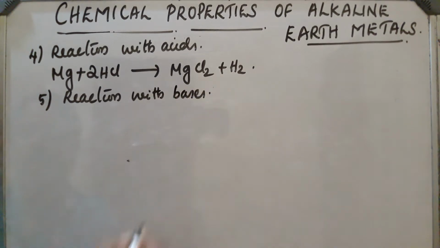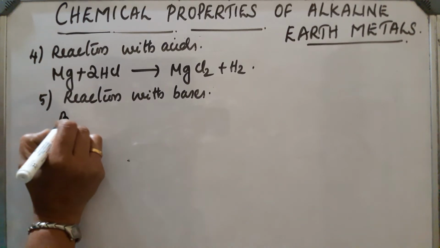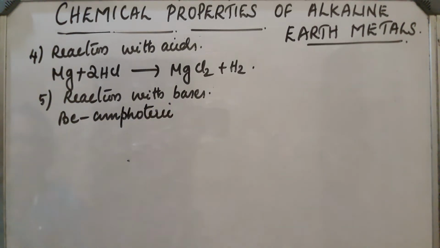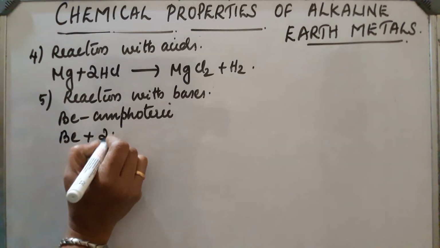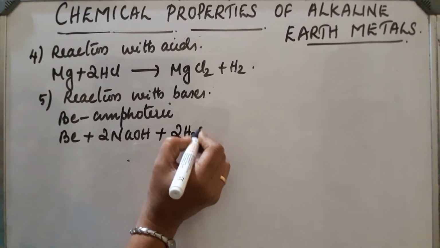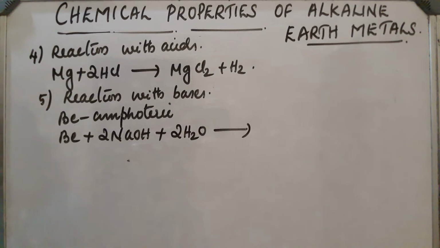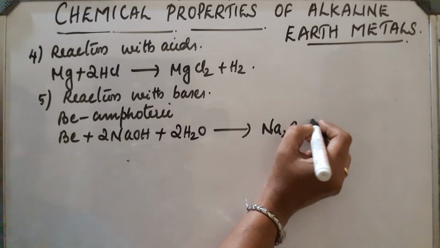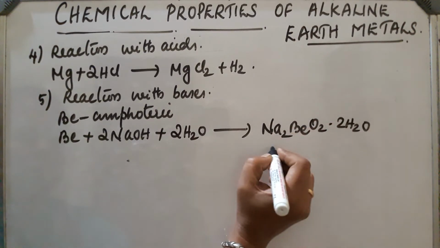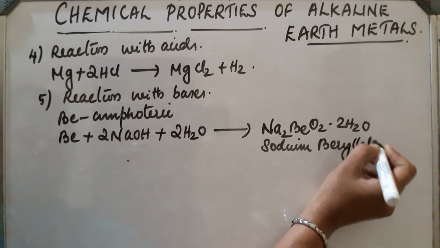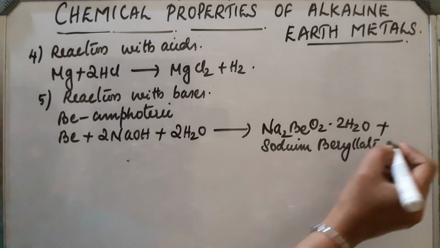Beryllium is amphoteric in nature, so it also reacts with sodium hydroxide, that is Be plus 2NaOH plus 2H2O forms sodium beryllate, Na2[Be(OH)4], and H2 gas is evolved.